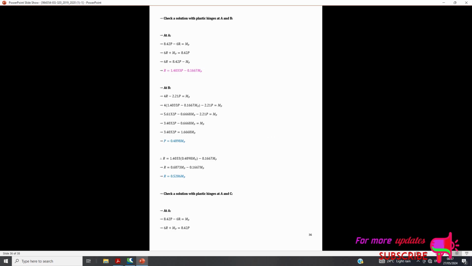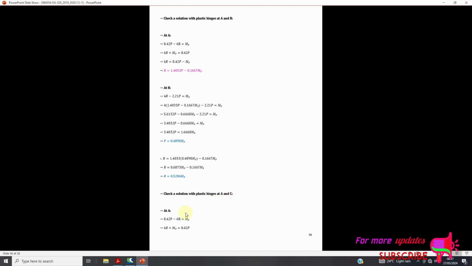Now you get that R is equal to 1.4033P minus 0.166 MP. Now at B you get P is equal to 0.4898 MP. Solving this algebraic equation, R is equal to 0.5206.